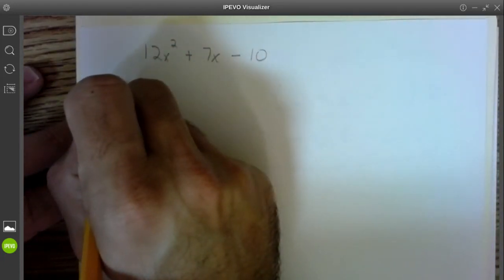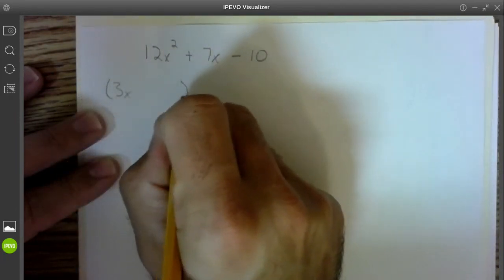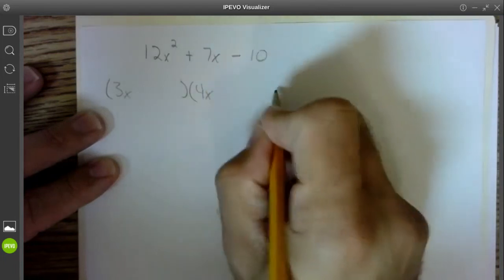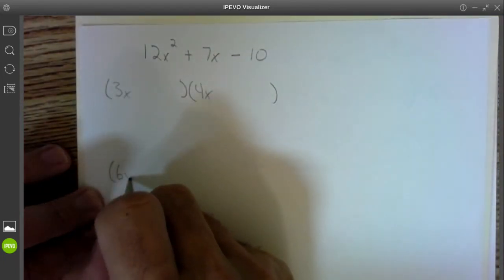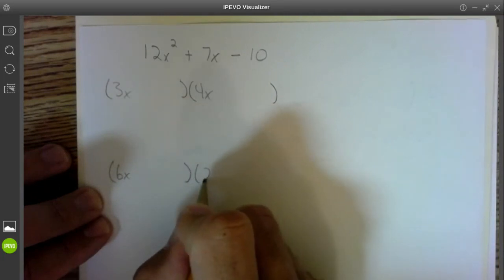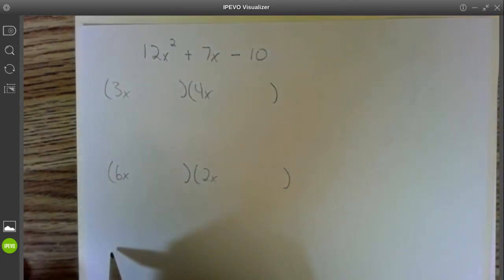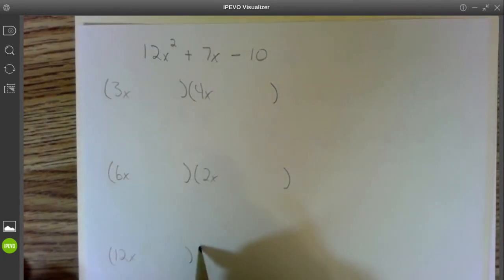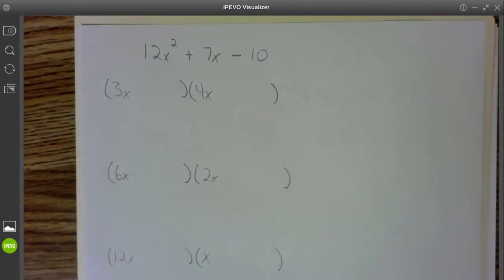This could either be a 3x multiplied by a 4x, or it could be a 6x multiplied by a 2x, and then probably the least likely would be a 12x multiplied by a 1x. I mean, it's still a possibility. It could be that, but I doubt it.